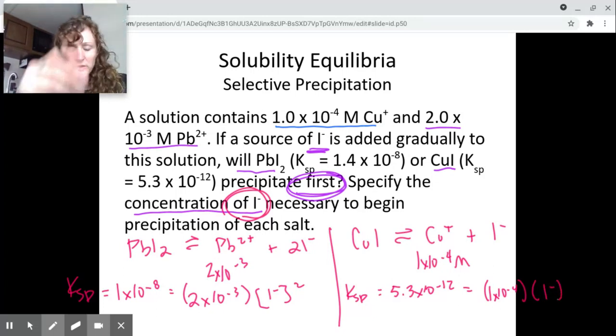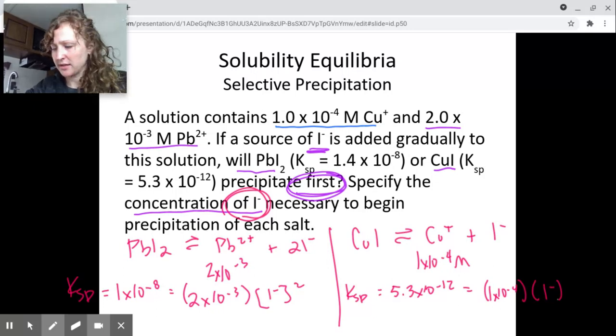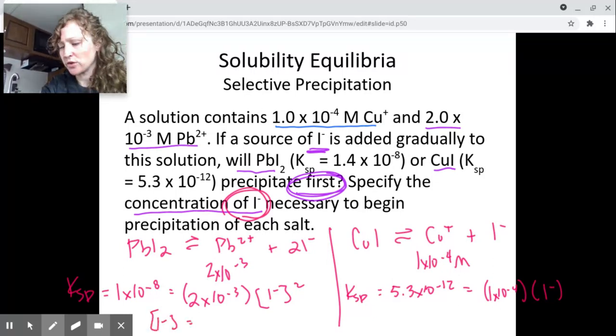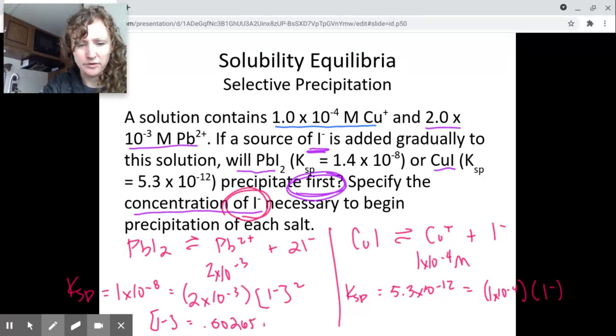Okay, so I'm just going to solve for iodide in both of these cases. So if I take my Ksp and I divide by lead, then I have to square root it, and I get a concentration of iodide which is equal to 0.00265 molar.